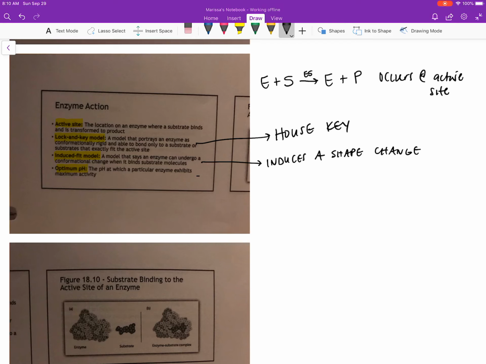Now, optimum pH is important because the pH at which an enzyme operates at its maximum activity is normally a specific range.